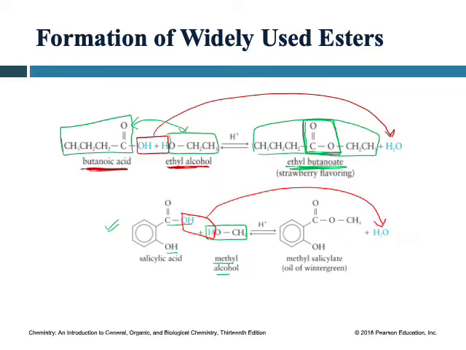This C double bond O goes with OCH3, and then you make an ester group. So this is how you normally do an esterification, that means formation of an ester with the help of an alcohol and a carboxylic acid. So you always remove water and add the rest of the molecule together.